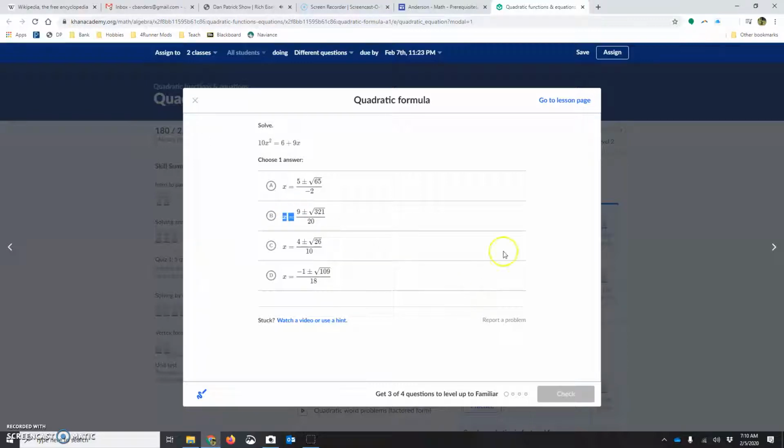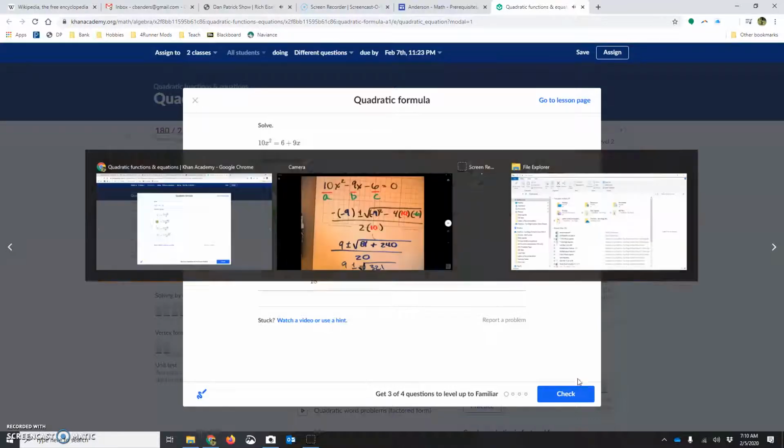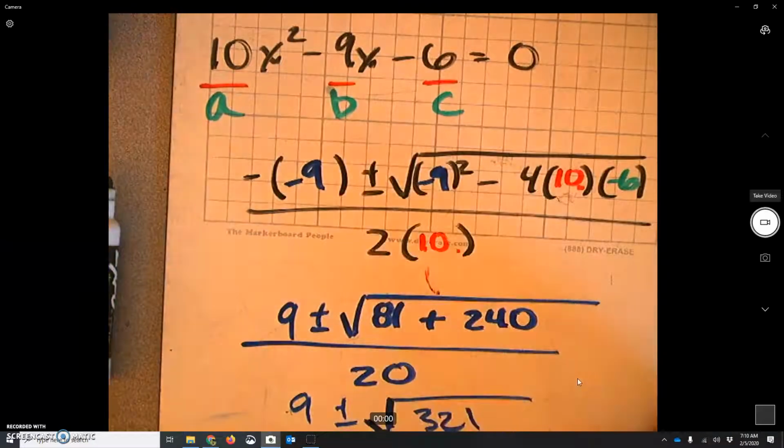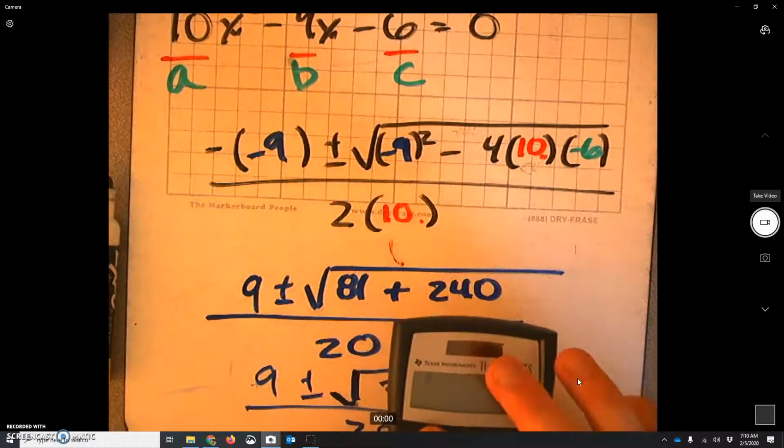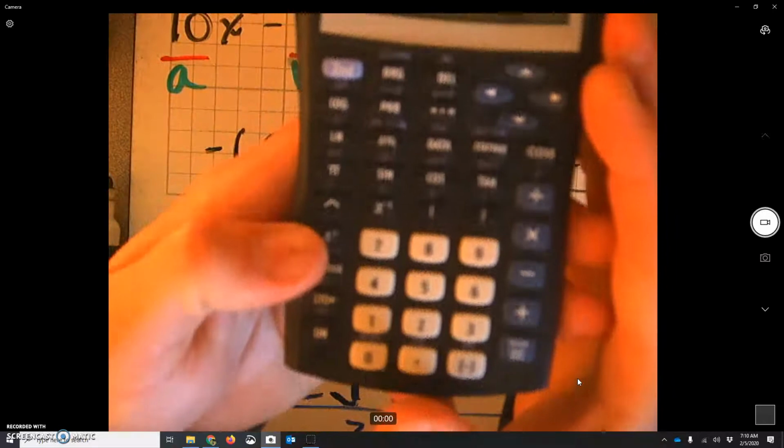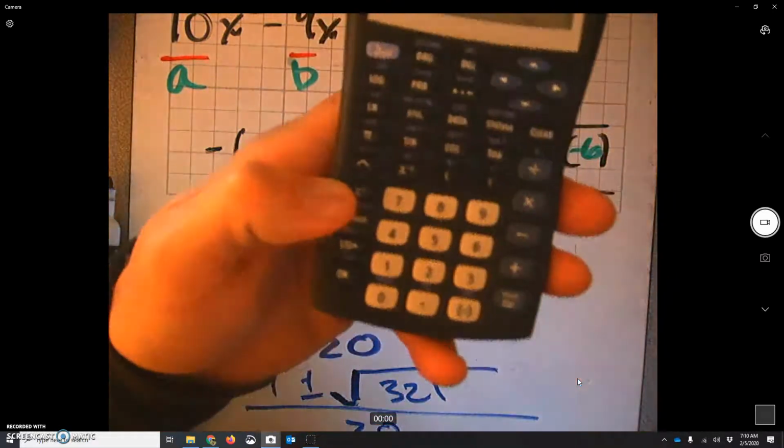Before I move on, I want to show you, when you get this square root of 321, you can put it in the calculator. So second, and then, let's see, can we autofocus?